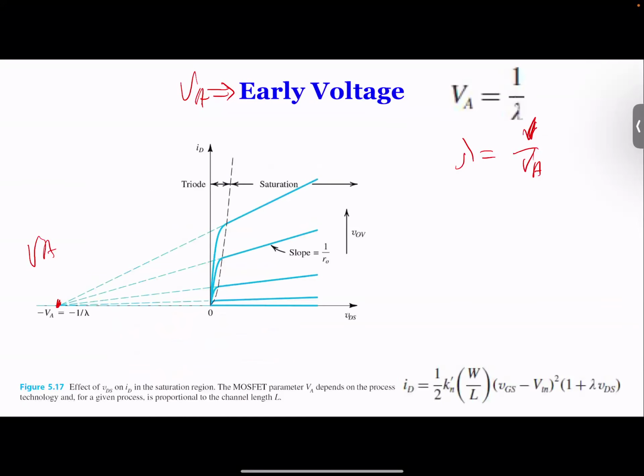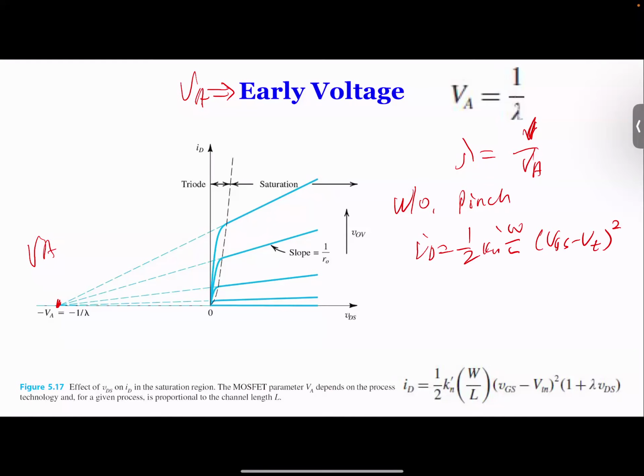Once that happens, without pinching, our current is equal to 1/2 Kn prime W over L times (VGS minus VT) squared. So that's without pinching. With pinching, that current actually increases.